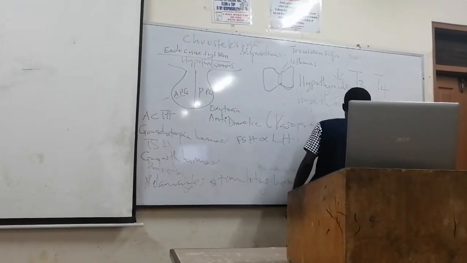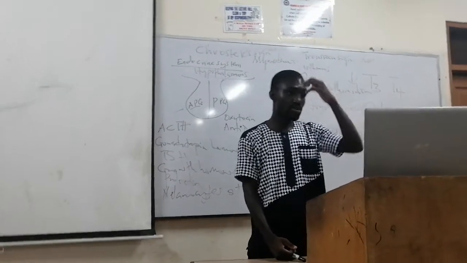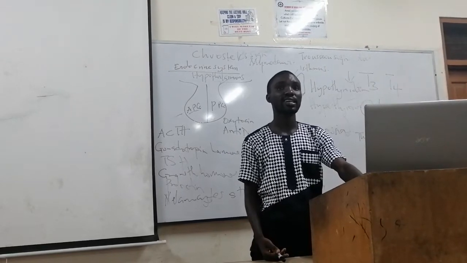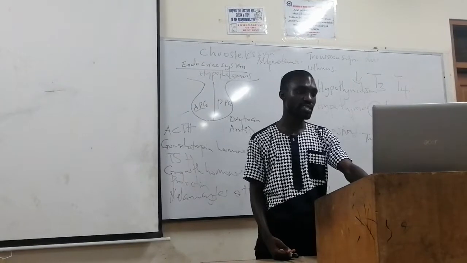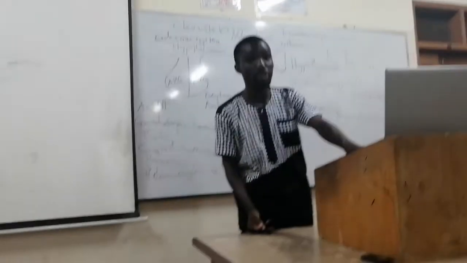Thyroid neoplasm, cancer of the thyroid gland. Most of the time it is one of the common cancers pertaining to the endocrine system, and it refers to an abnormal growth of the cells of the thyroid gland.